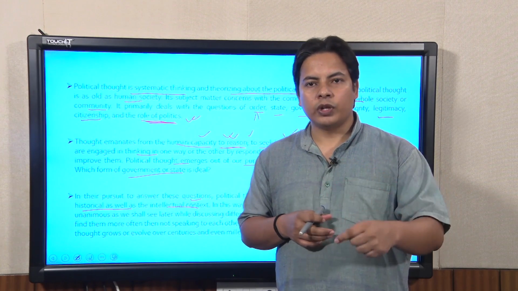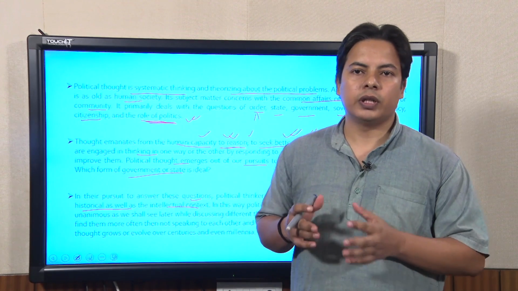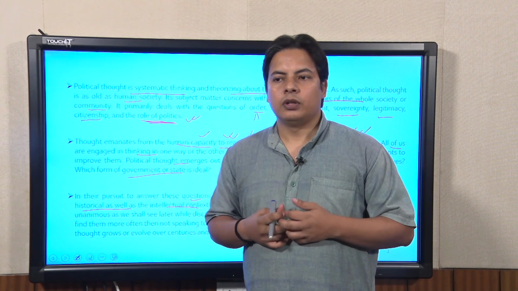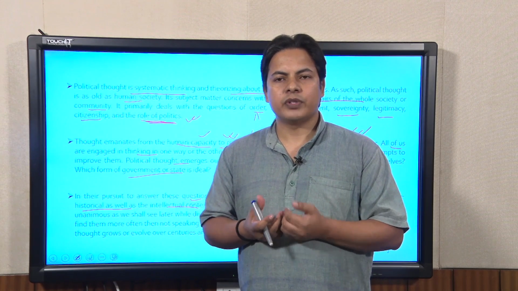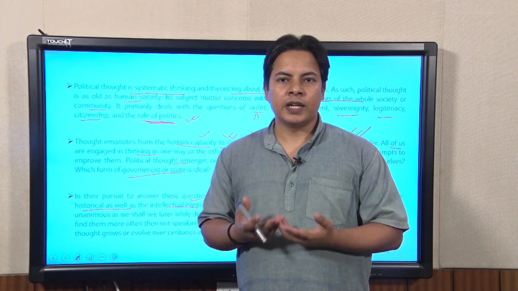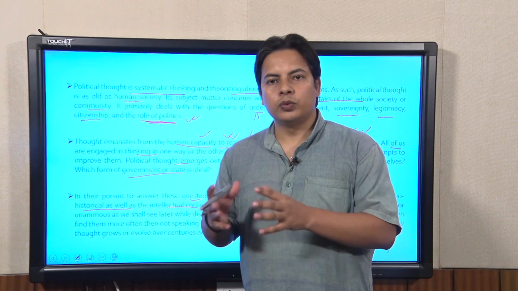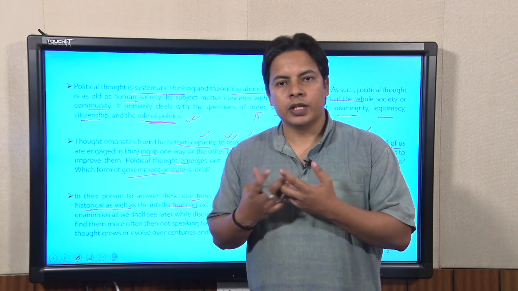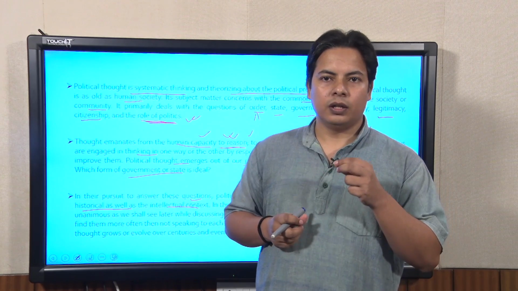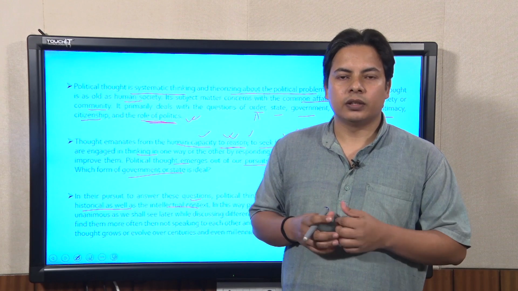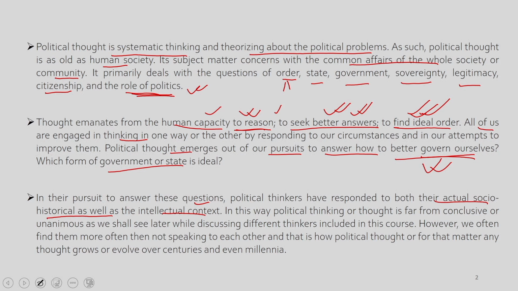While they are responding to their socio-historical or intellectual context, that does not mean there is a unanimous or settled answer to the political problems. There are huge disputations and differences, and these disputations and differences led to the history of political thought in any tradition and make the study of political thought such a fascinating discipline. So, there is no unanimous or settled answer to the problem of the political.